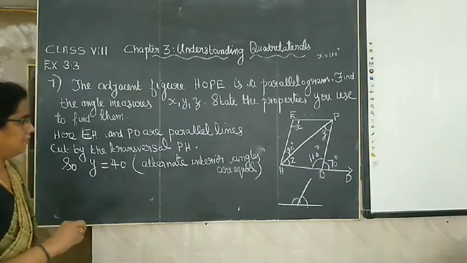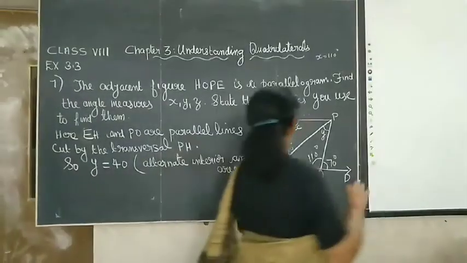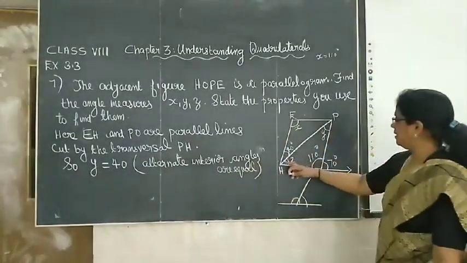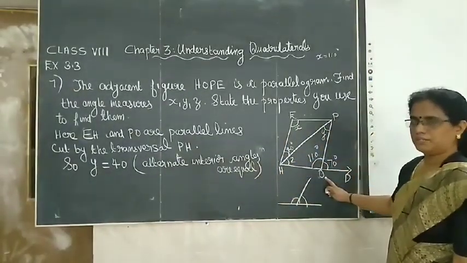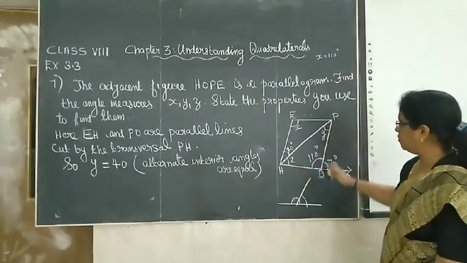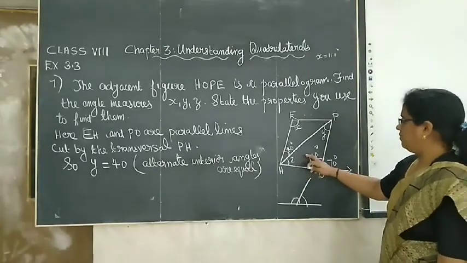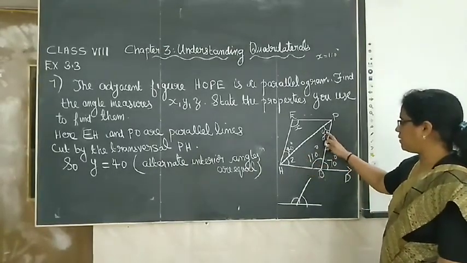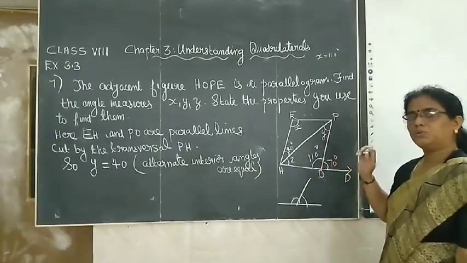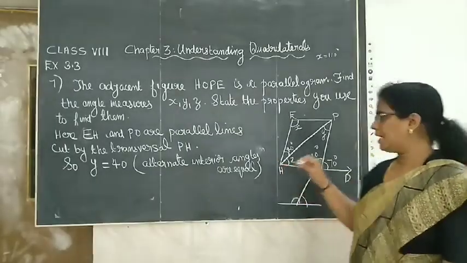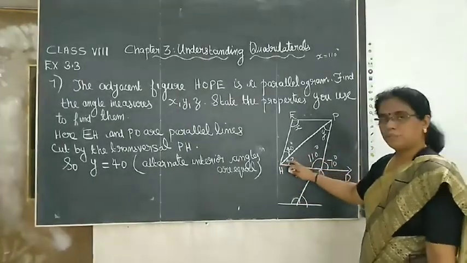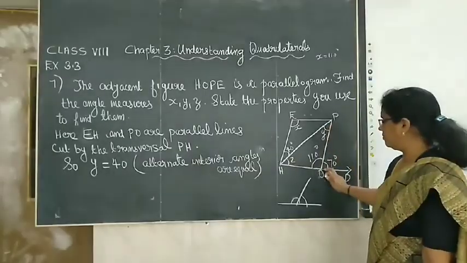Now consider the triangle. Now you consider this triangle HPO. By angle sum property, we can write z plus y plus 110 equal to 180. We can apply angle sum property on this triangle.